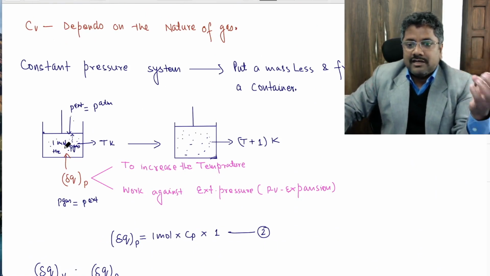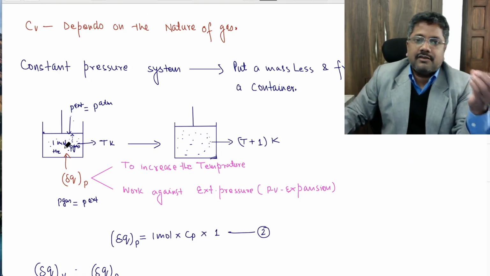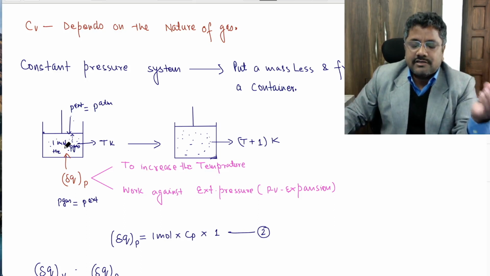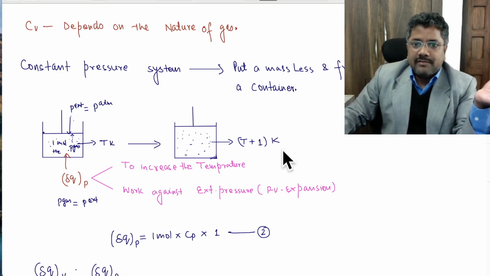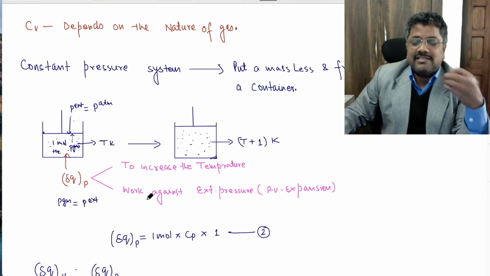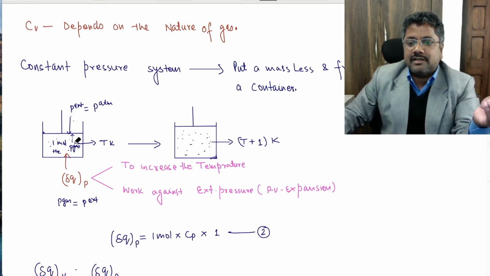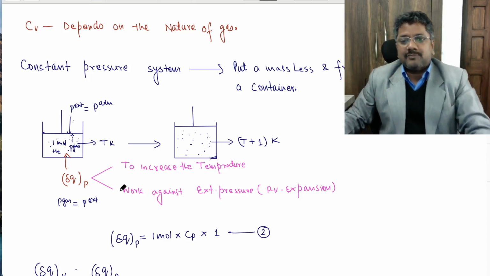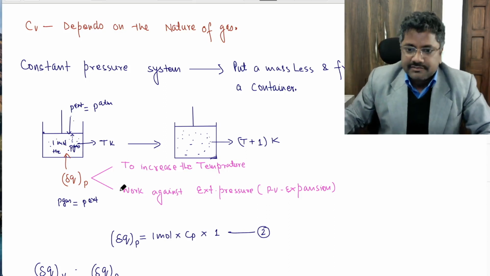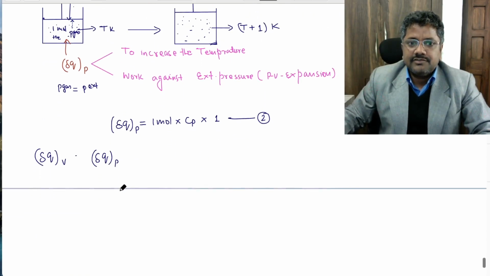And as per the equation of state, if you are giving energy to the system, temperature increases, and pressure also increases. So along with the temperature rise, due to the increase in pressure, there is a pressure difference between system and surrounding, and some expansion work will take place, right?